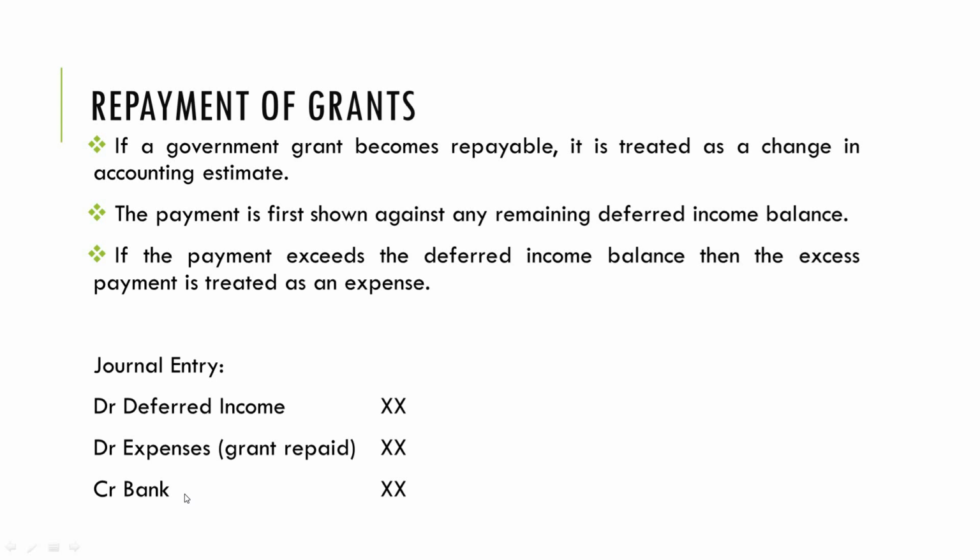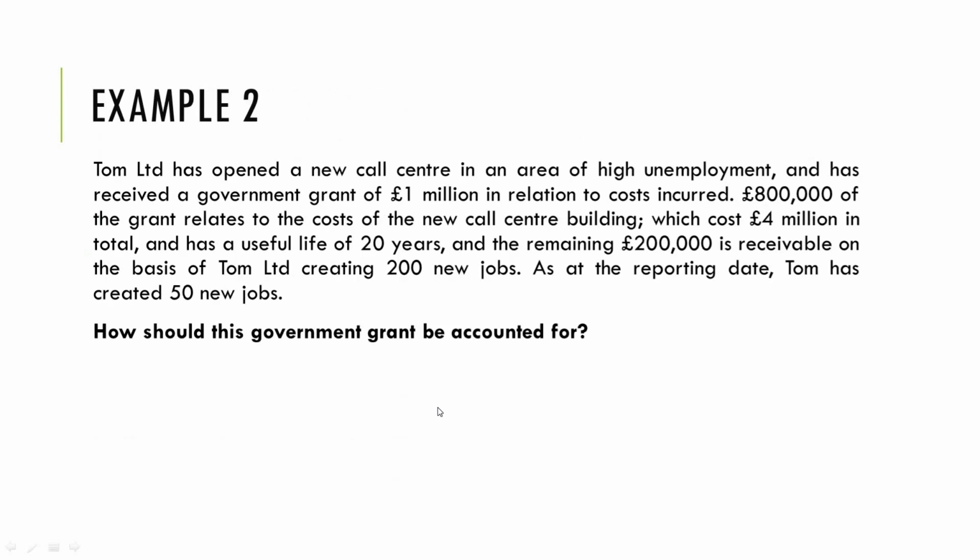So when we pay, we reduce our bank account, so you credit, and then you debit the deferred income. Debit the deferred income by how much you have not recognized, and also you debit the excess expenditure. Okay, so this is how you account for repayment of grant.